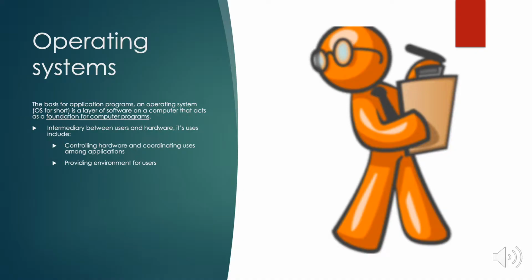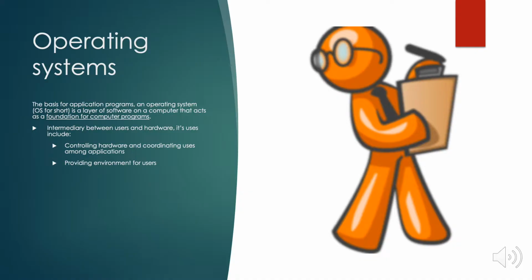The OS acts like an intermediary between users and hardware. Its uses include controlling hardware and coordinating uses among applications, providing environments for users. It controls hardware and coordinates among applications.